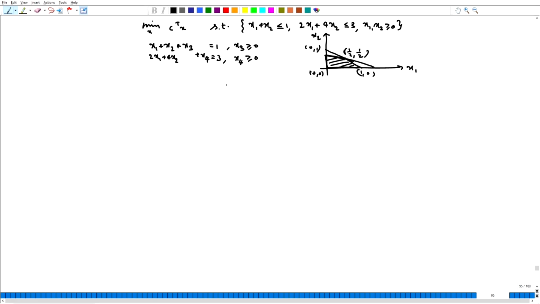This is just a 2 by 4 matrix. So A is [1 1 1 0; 2 4 0 1] and b is (1, 3). As for c, we can change it as we please. So we will do that.